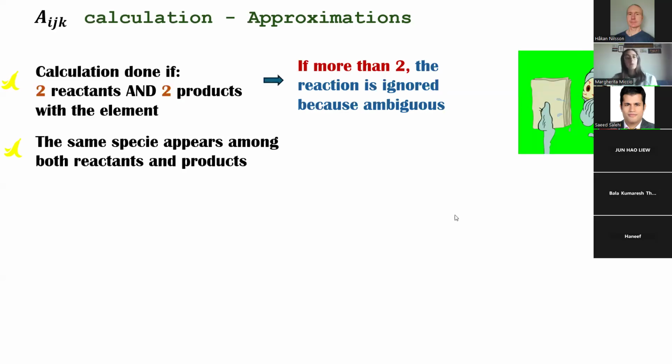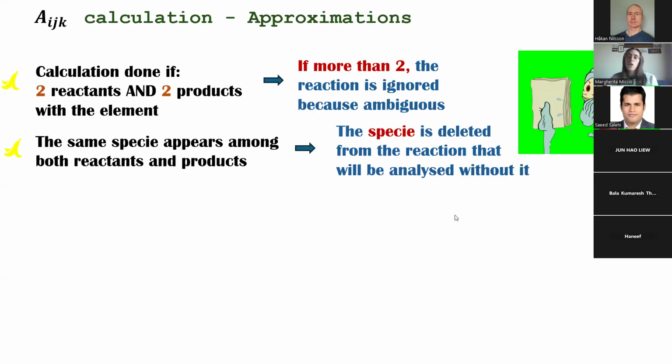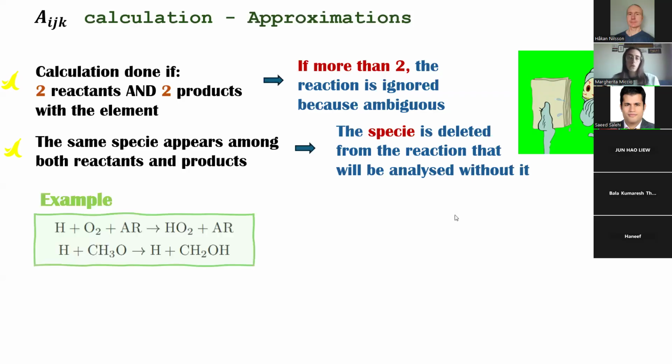Then, when the same species appears among both reactants and products, I made another approximation: the species is deleted from the reaction, which is analyzed without it. Here is an example.